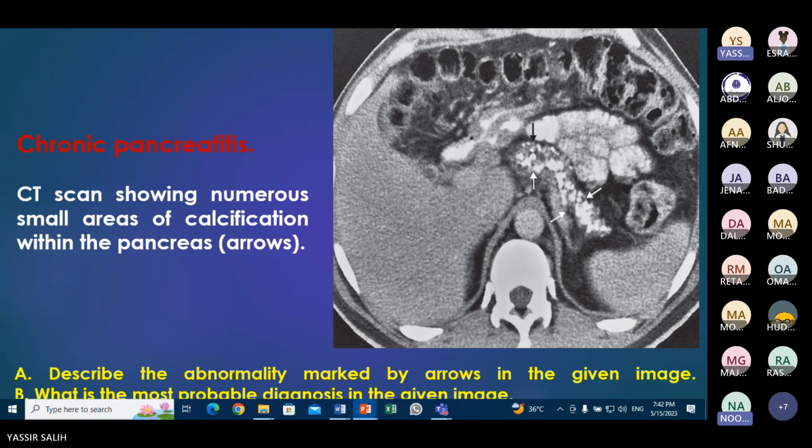Chronic pancreatitis. Yes, chronic. You must say chronic because calcification is a feature of chronic pancreatitis, but acute pancreatitis is not characterized by calcification; it has other features. So, chronic pancreatitis.